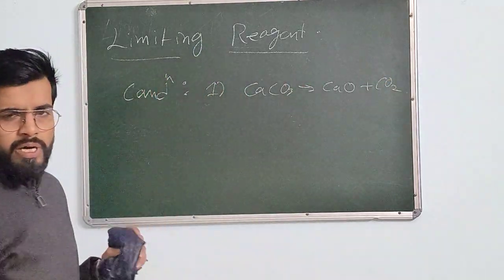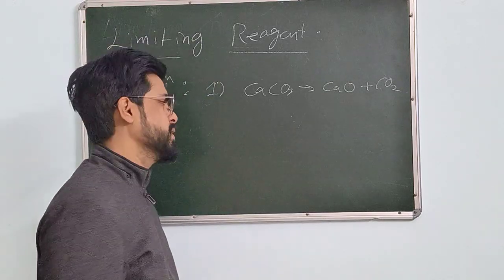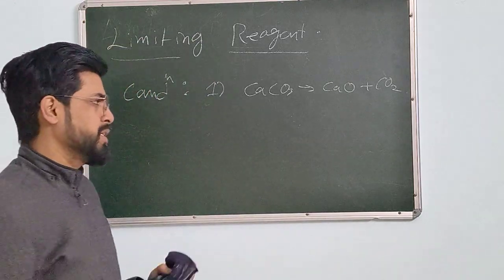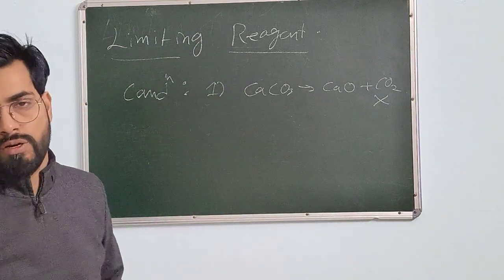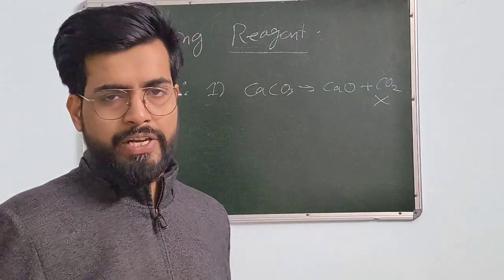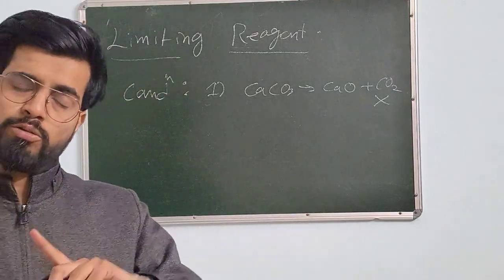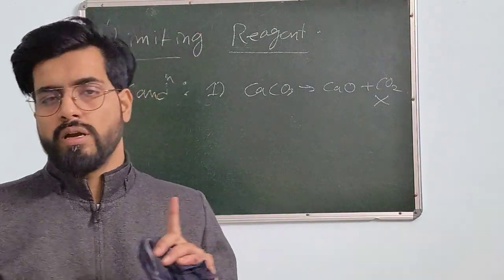So the reactant is only one and the products are two or three. In that situation, this type of problem is never related to the limiting reagent. This type of problem is related to only stoichiometry, not the limiting reagent.